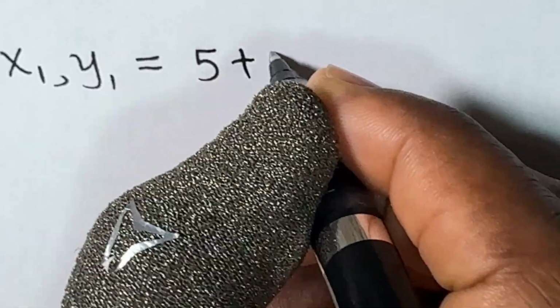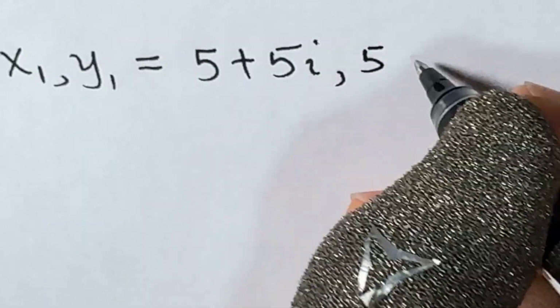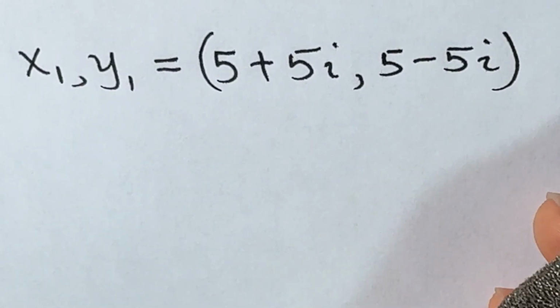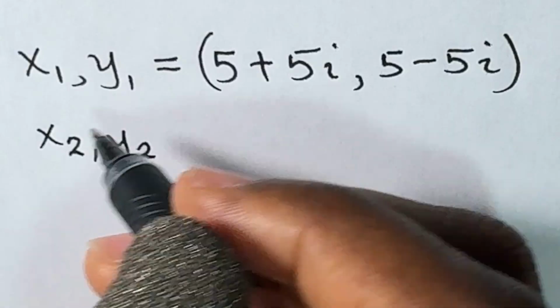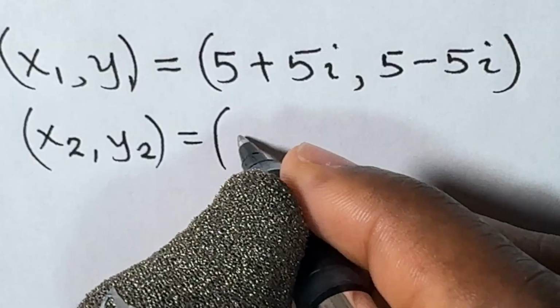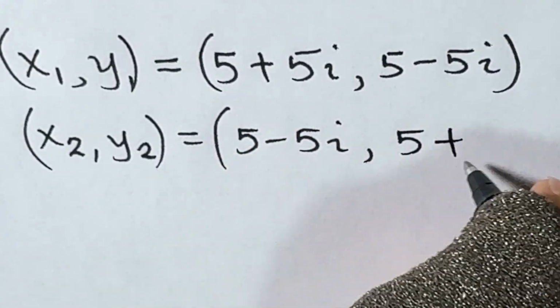Therefore, our four values for this problem, x1, y1 is equal to 5 plus 5i, comma 5 minus 5i. And then x2, comma y2 is equal to 5 minus 5i, 5 plus 5i.